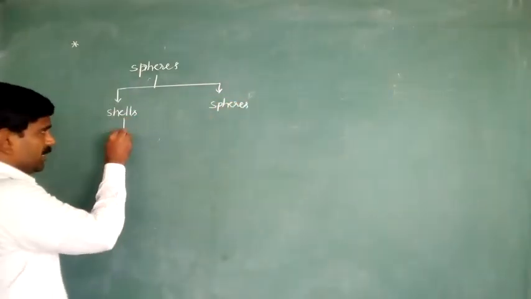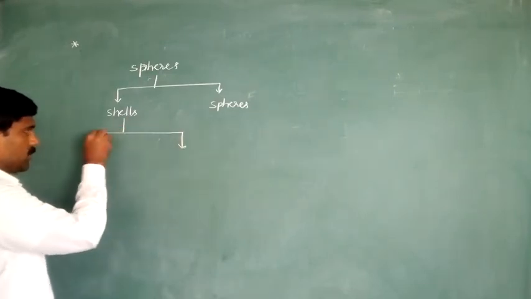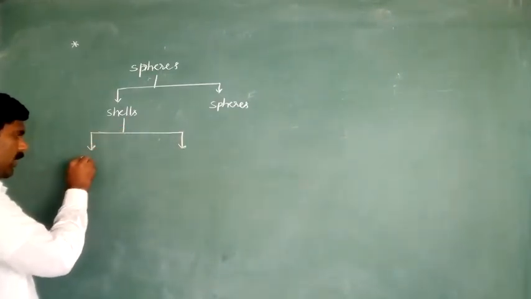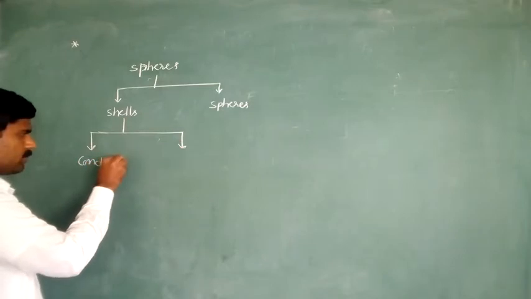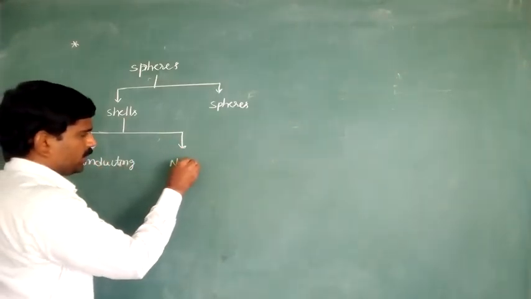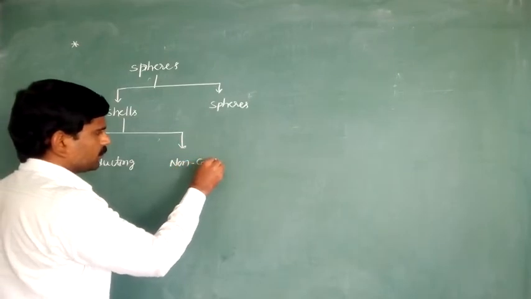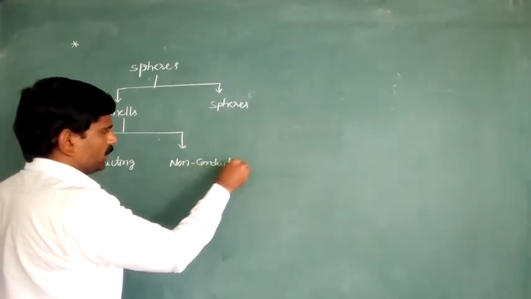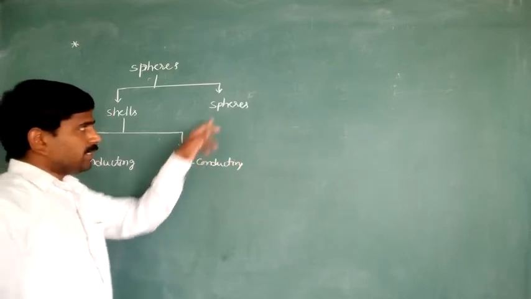Shells are also divided into two types: one is the conducting shell, the second is the non-conducting shell.